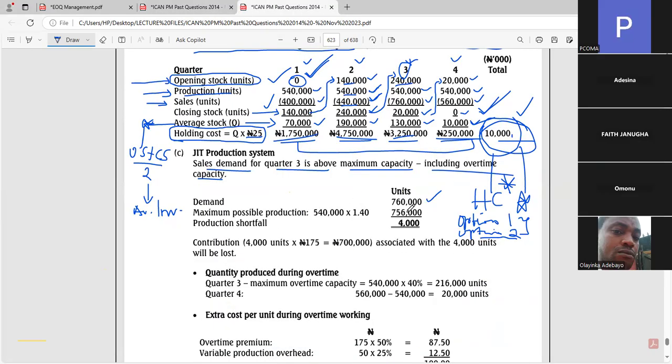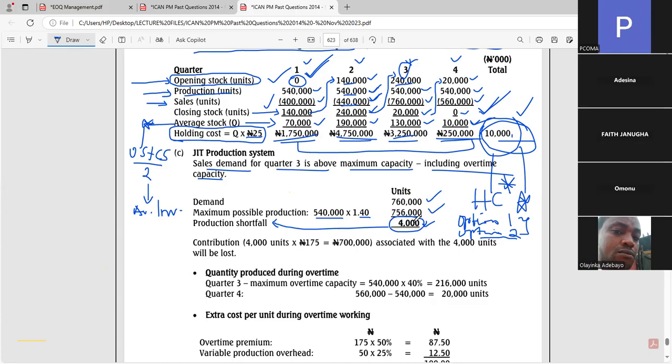And then you increase it by 40% to work overtime, and the total you get is still 756. It means that you cannot even meet up with the 760. That means you are going to tell them that you cannot meet up with 4 units. And in finance, if you cannot meet up with something, it means that you will lose something. We call it production shortfall. If you cannot meet up with the production, you are going to lose the contribution from that production.